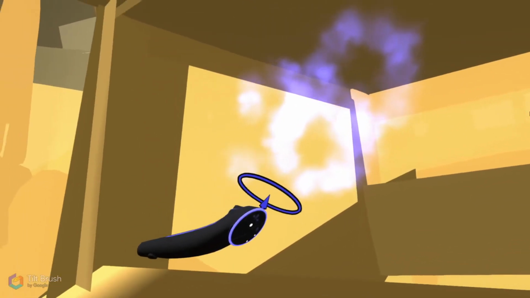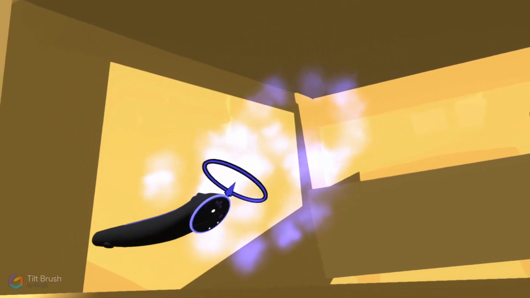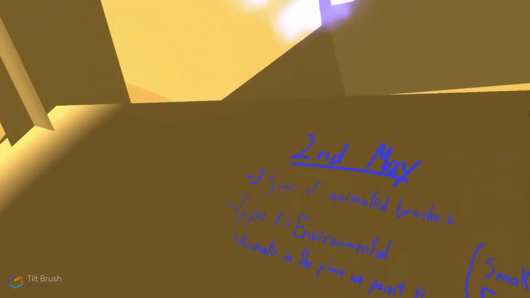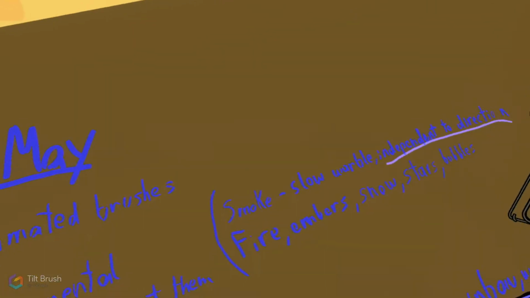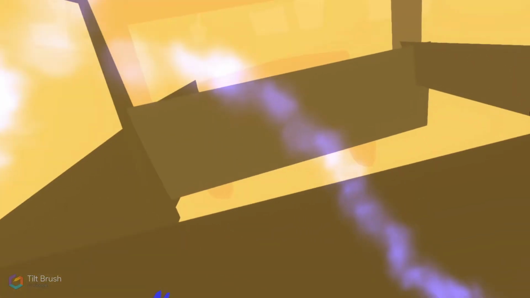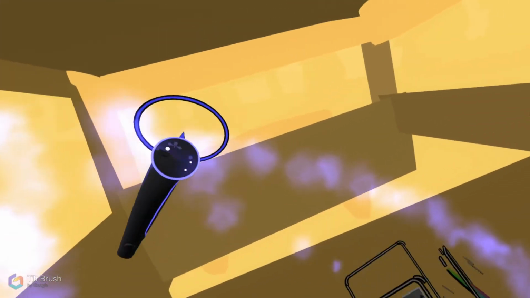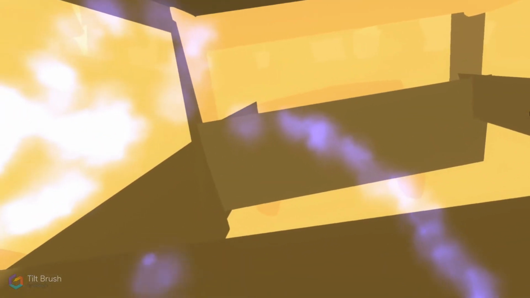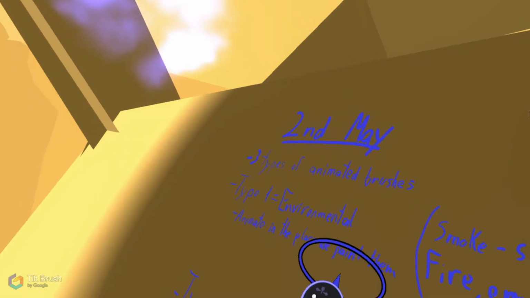Generally, these animations don't have a specific direction, and as you can see, they're independent of direction. No matter if I did a line, it looks like a line. Although it looks like a line, the specific animation on this part and this part and this part is all identical, with slightly different timing. So that's the point with environmental.